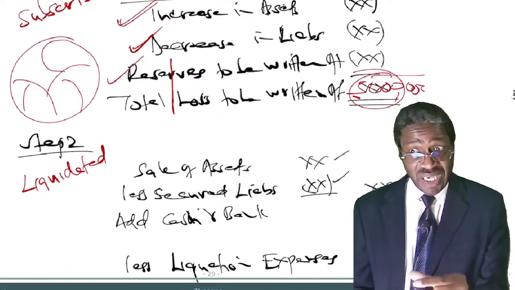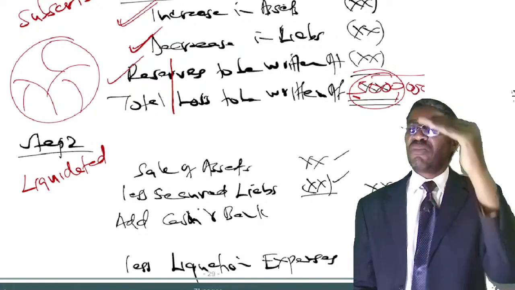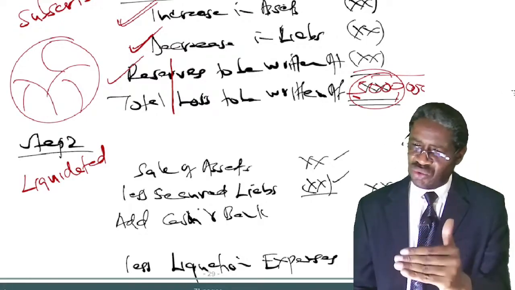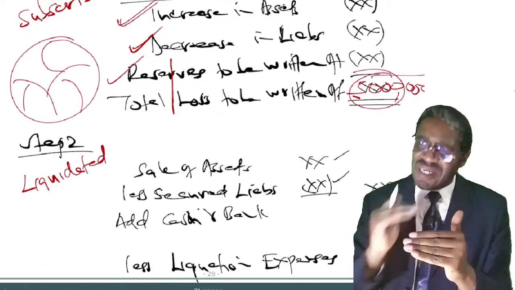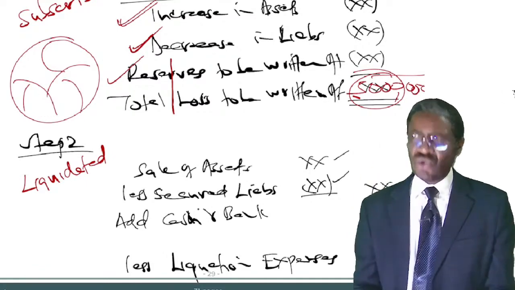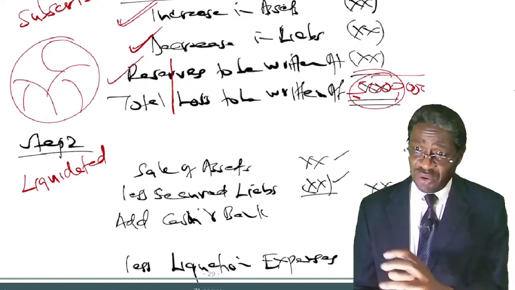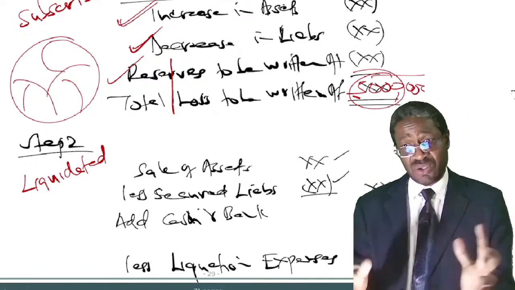Because we said, whenever a company is liquidated, normally assets of the company are sold and then liabilities are paid in order of priority. You have done the topic of winding up of companies. You know the order of priorities. That's what we discussed also last time.